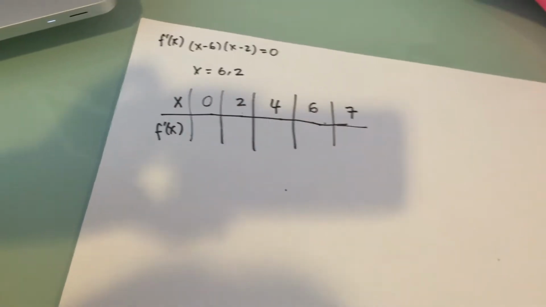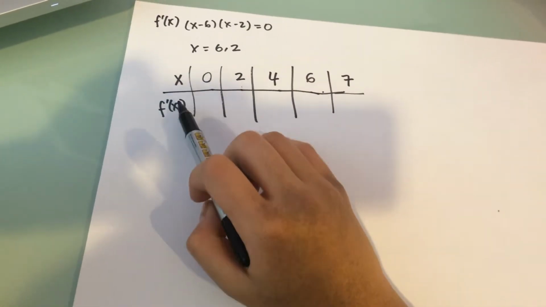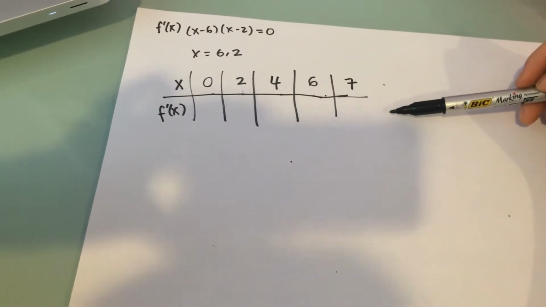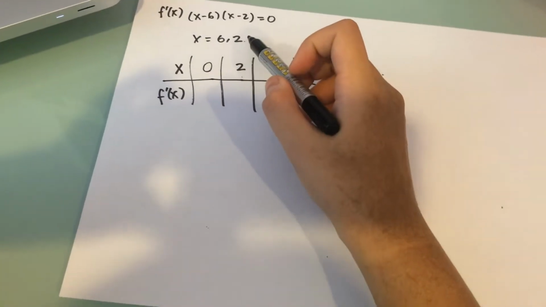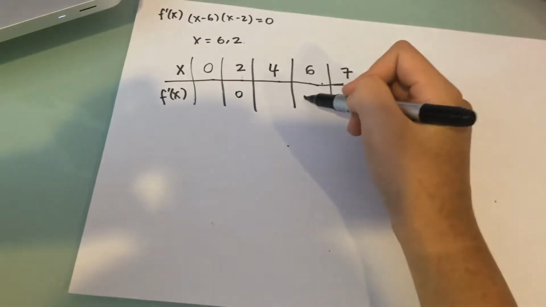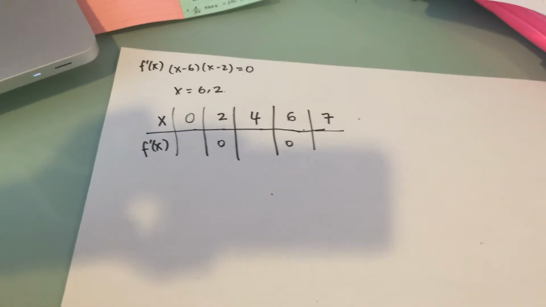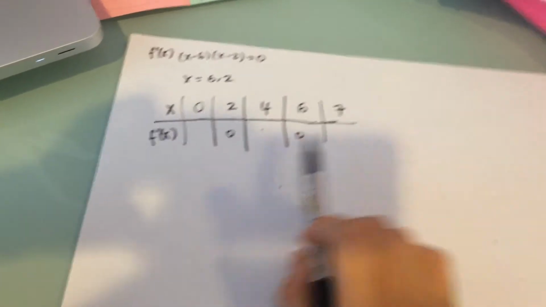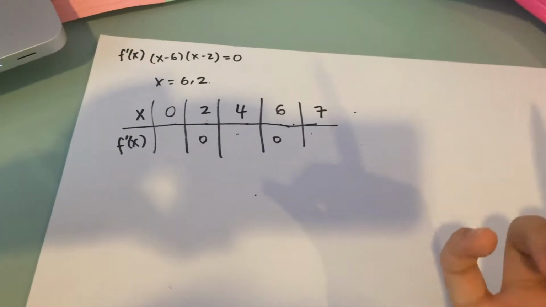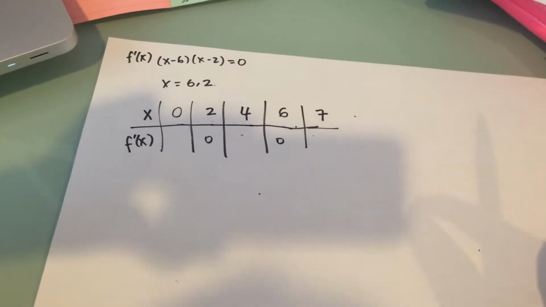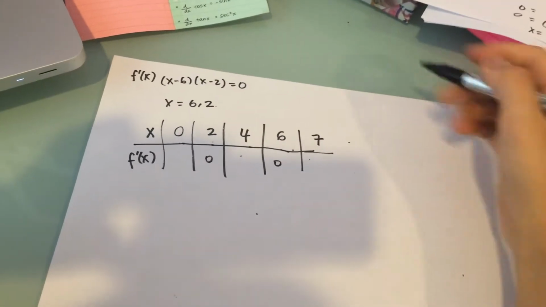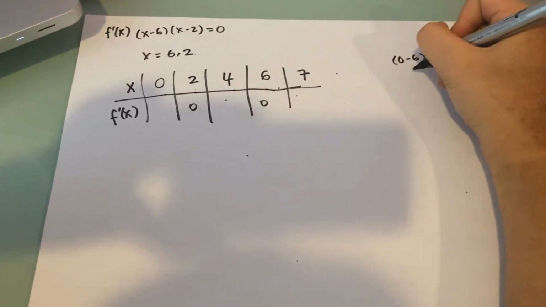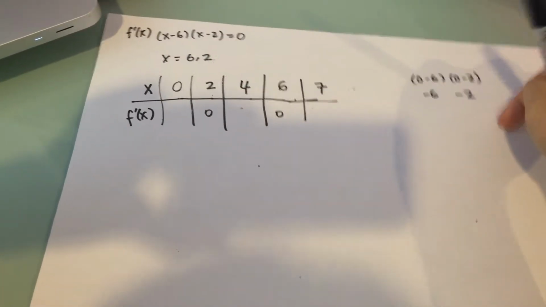So here, this is the value of x, and we're trying to find the value of f prime of x. We already knew that for 2 and 6, it's all 0, because we set it equal to 0. And for the values in between, we don't need the exact value, we just need whether it's negative or positive. So we plug in 0 here. 0 minus 6, 0 minus 2, it becomes negative 6, negative 2, negative times negative becomes positive.